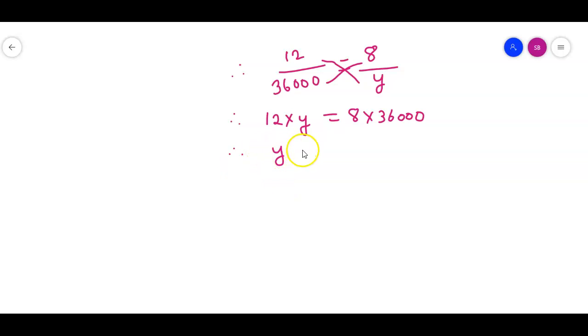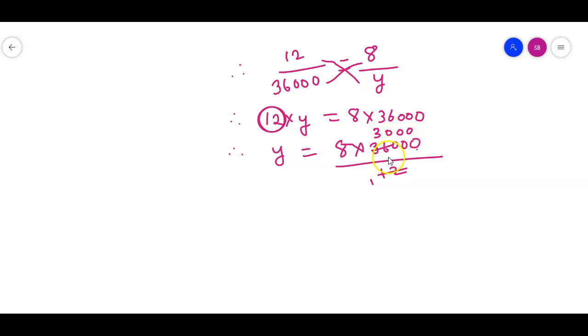So y is equal to, because we want to find out y, the number along with the variable y we will take on the other side. Because it is multiplied over here, when we take this number 12 on the other side, it will be divided. So y is equal to 8 into 36,000 upon 12. Now we know that 12 ones are 12 and 12 threes are 36, and the 3 zeros we will add.